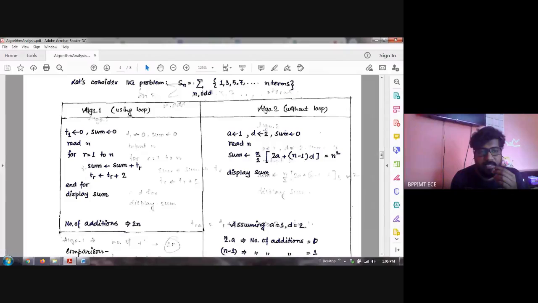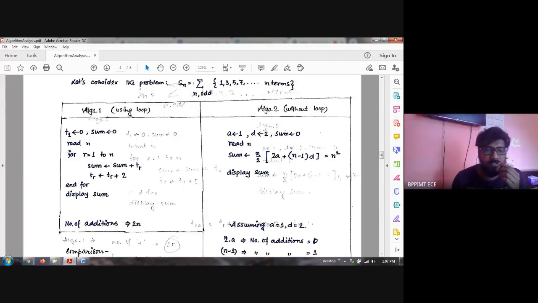Now let's analyze in terms of the number of steps or the number of operations. We are concentrating only on the for loop, ignoring the read n line and this other line for the time being.